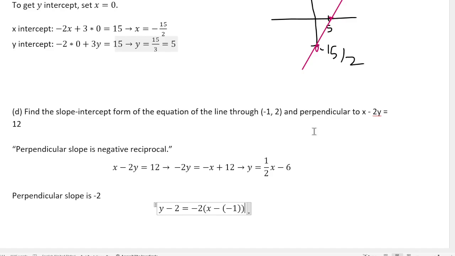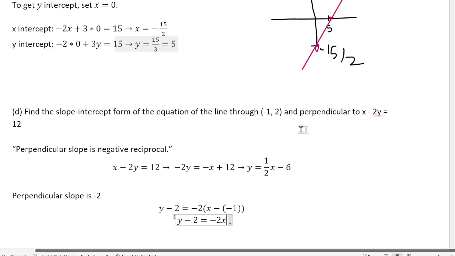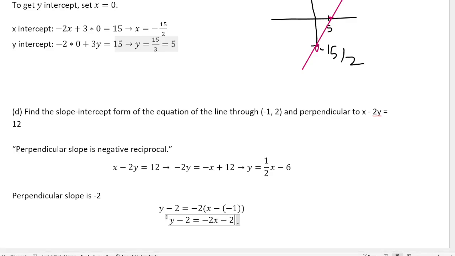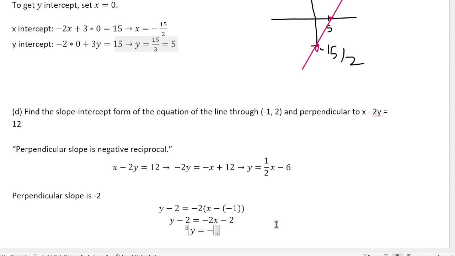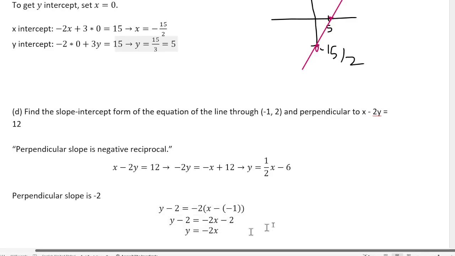Okay, so you have y minus 2 equals negative 2x. Negative times negative is positive, but there's another negative, so it's 2 times negative 1, so it will be negative 2. And then finally, you have negative 2 plus 2, so it's y equals negative 2x. That's the answer.